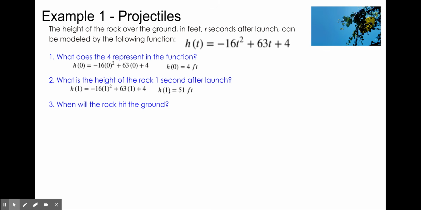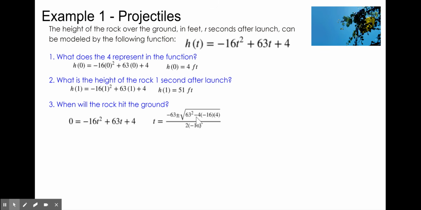When will the rock hit the ground? The rock will hit the ground when the height is 0. So now we have to substitute 0 in for h of t. At this point, we can solve the quadratic equation using any of the methods we've learned. Given these numbers, the quadratic formula is the easiest and most efficient method to use, so I substitute my values into the formula.